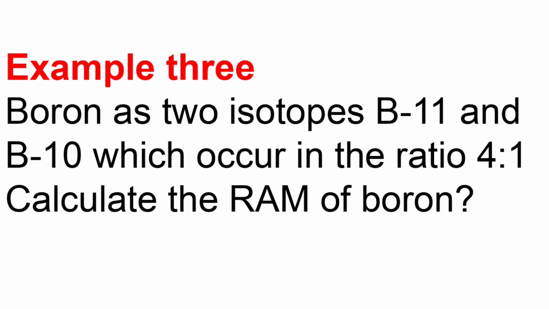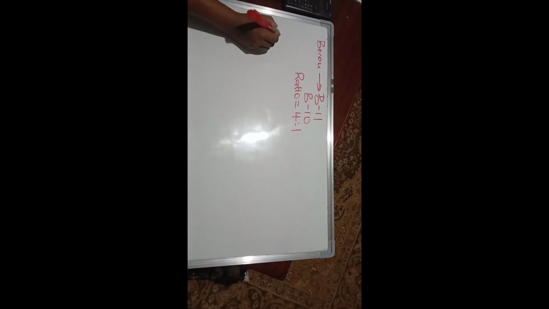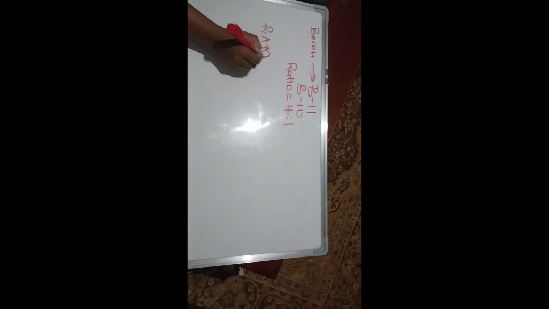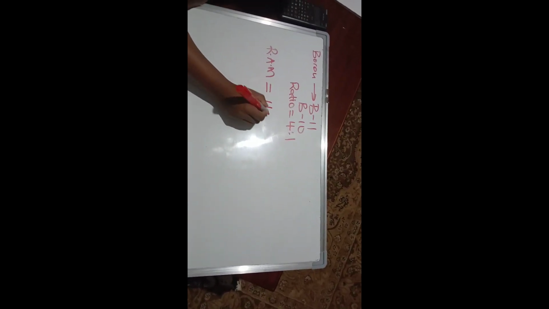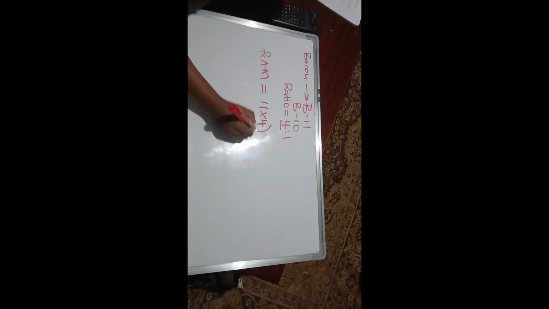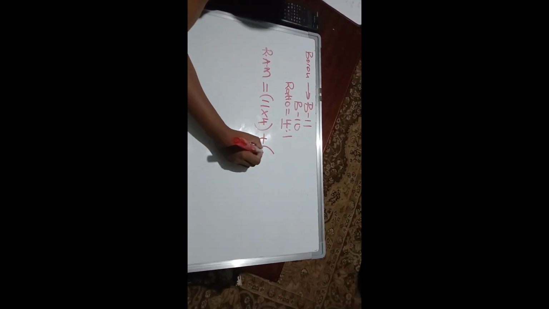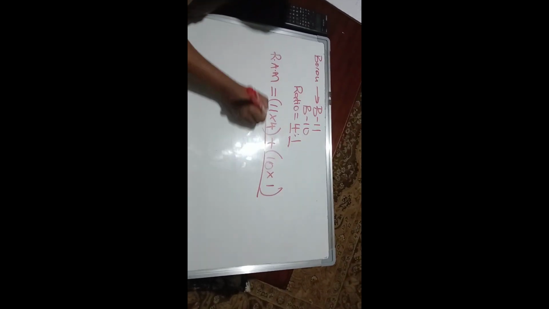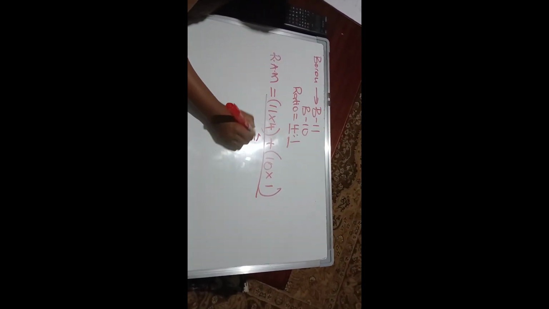Example 3. Boron has two isotopes, B11 and B10, which occur in the ratio 4:1. Calculate the RAM of boron. Now this is how we work this one out. So we will say RAM is equal to boron 11 times 4 plus boron 10 times 1, then all this over the total of this ratio, which is 5.